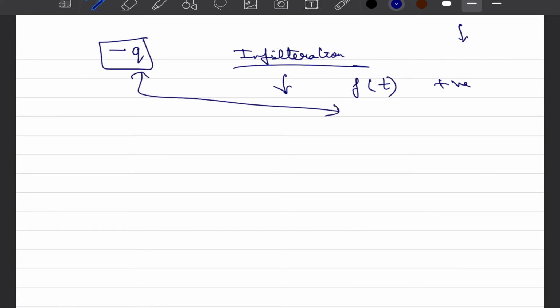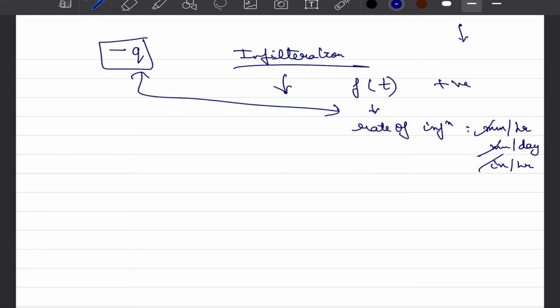Whenever we mention infiltration with a positive sign, that means flow is taking place in the downward direction, and small ft represents the rate of infiltration, with units of mm per hour, mm per day, or inches per hour, and so on. So it's always per unit time.